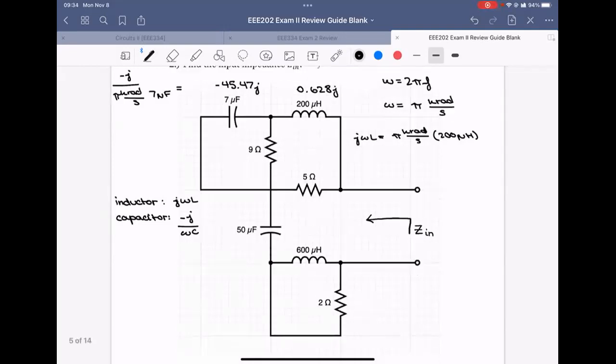And you do the same for the capacitor and the inductor. I'll write these other two out since we've already done the first two.